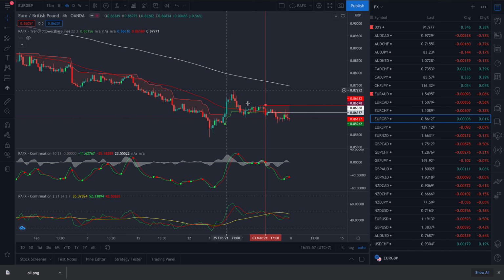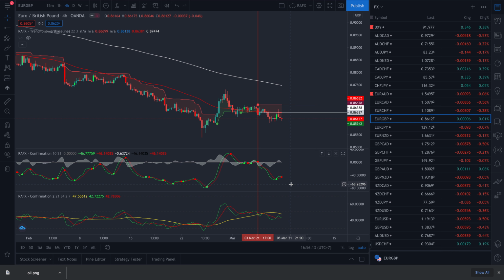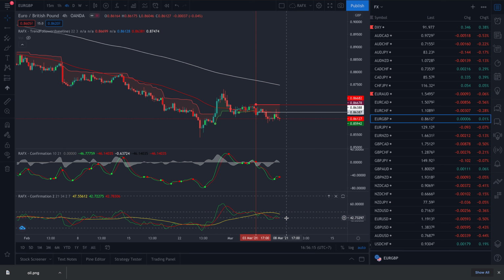In this case, we don't have it yet because the price is still below the 50 and 200 baseline. We still have a solid sell trend follower here. We don't have a buy signal in our confirmation, and in confirmation 2 the indicator is still in the sell zone, meaning we are still good on this trade.